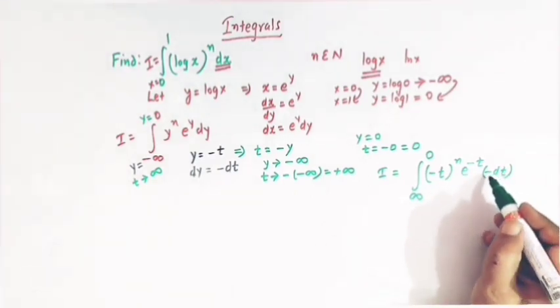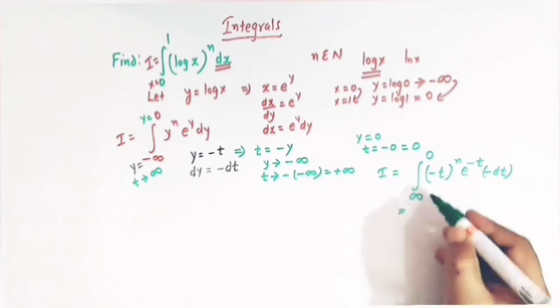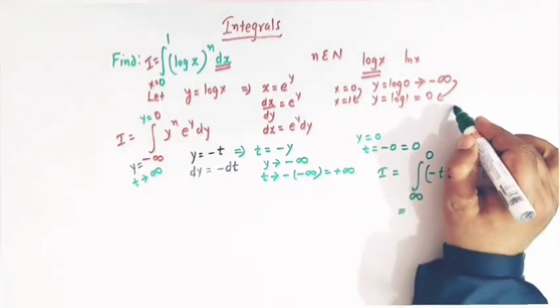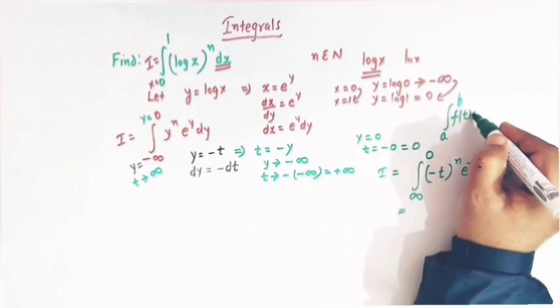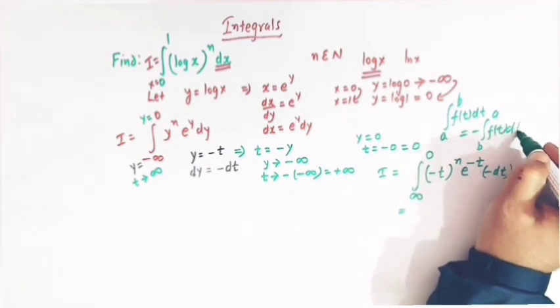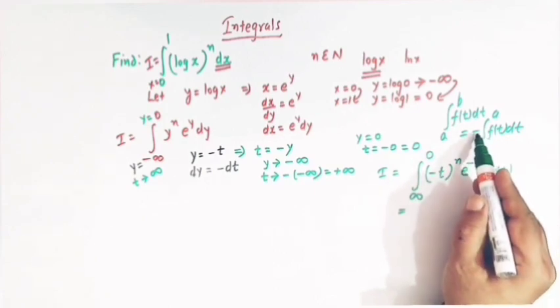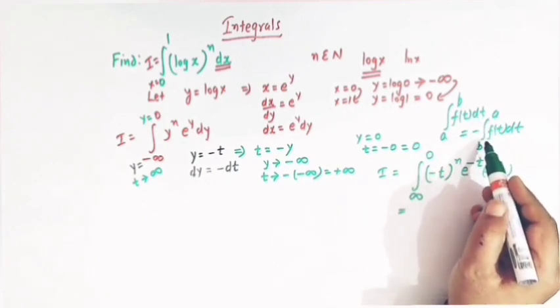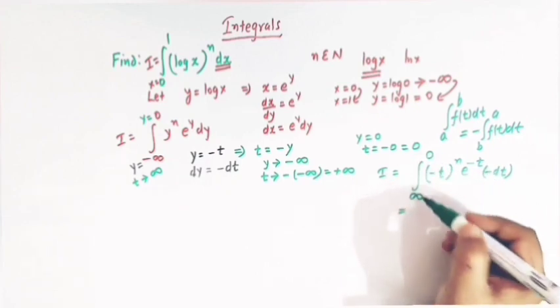Now to neutralize this negative sign, let us interchange the limits, because we know that the integral from a to b of f(t) dt is equal to negative of the integral from b to a of f(t) dt. So when we interchange the limits, we put a negative sign before the integral sign. So we can neutralize this negative sign by interchanging the limits.